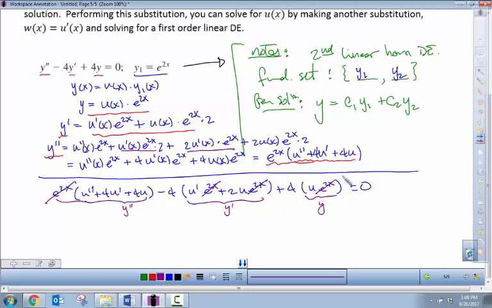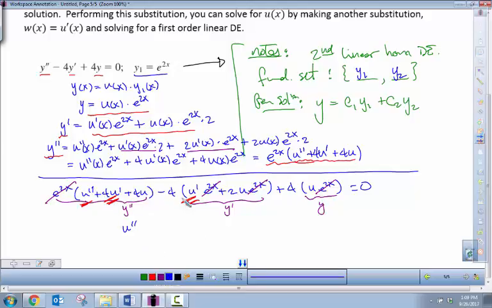So what do we have? Let's gather all the u squareds. There's only one u squared, or u, not u squared, the u double primes. There's only one of those. So that's gone. Let's gather the u primes. There's 2 of those.